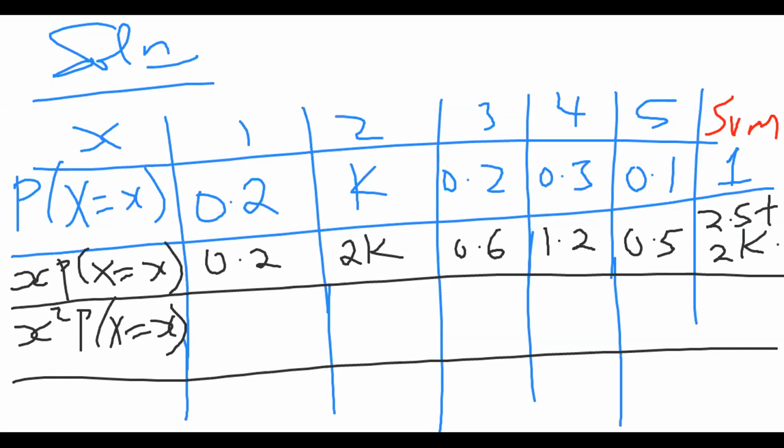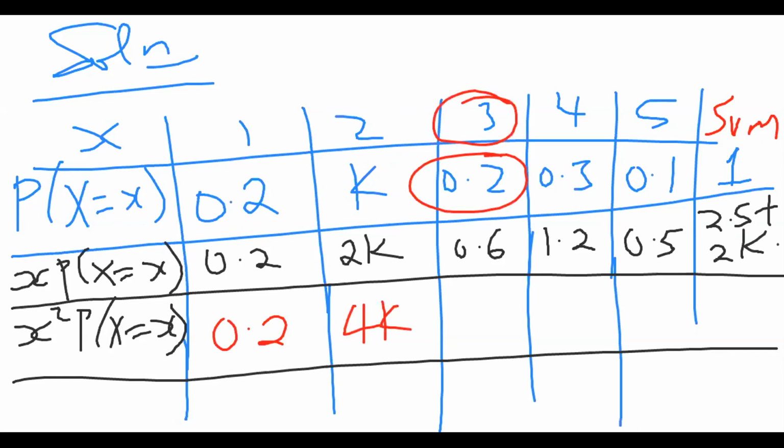Then for expectation x squared, 1 squared times the probability, 2 squared times the probability. Okay. 3 squared times the probability.